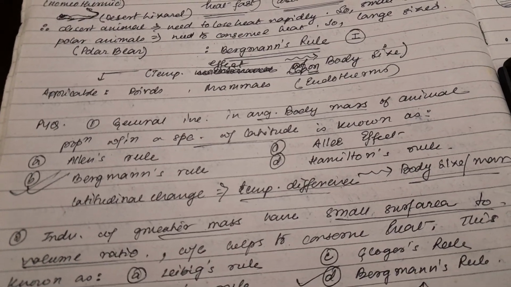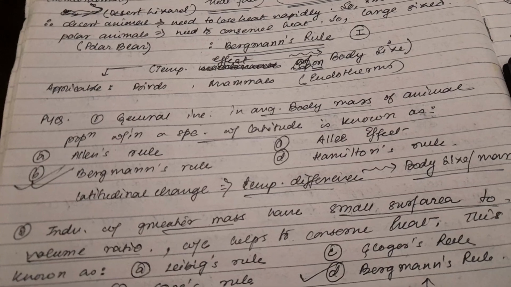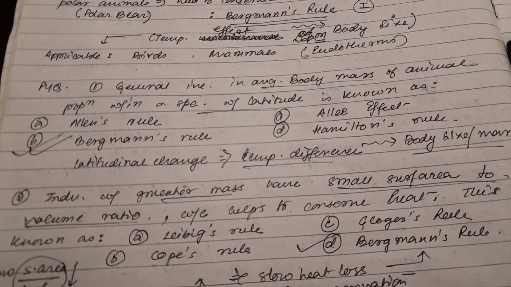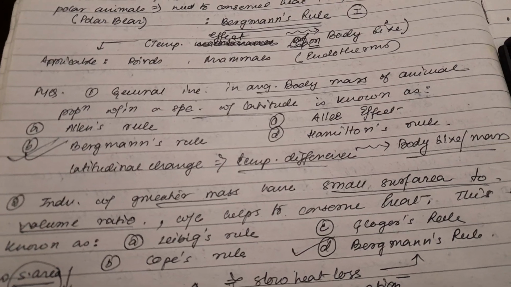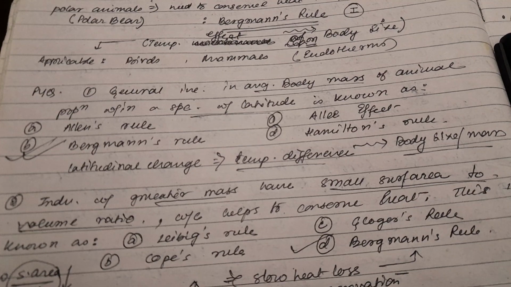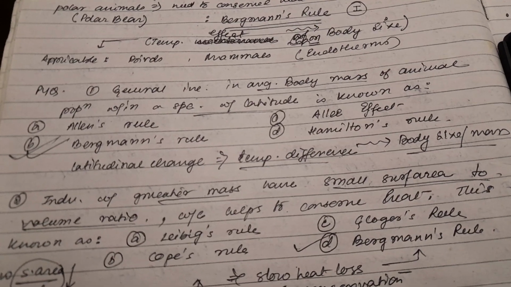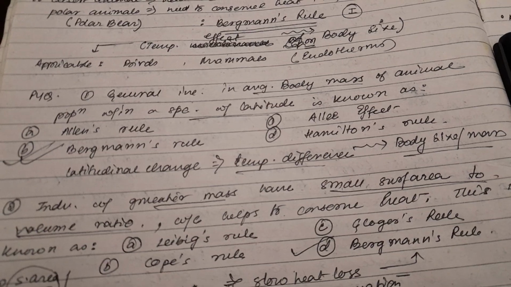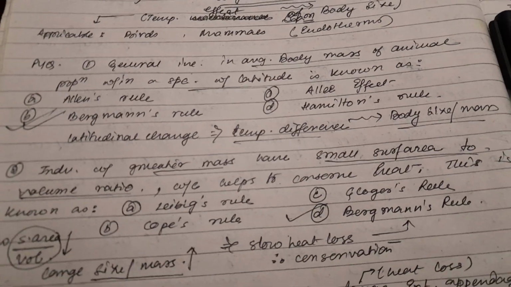So the relationship is between body size and latitude, which is the conclusion of Bergmann's rule. Similarly, greater body mass and small surface area to volume ratio are directly related to conservation of heat and Bergmann's rule.